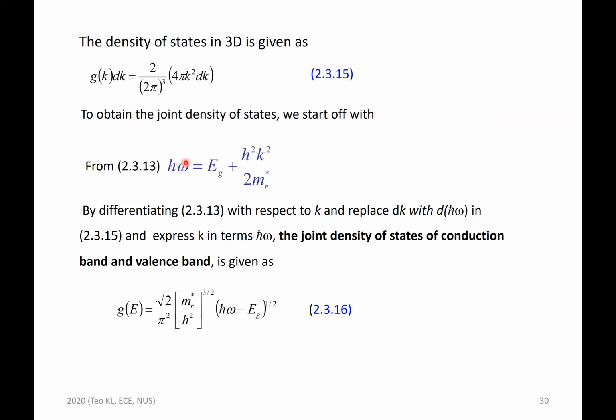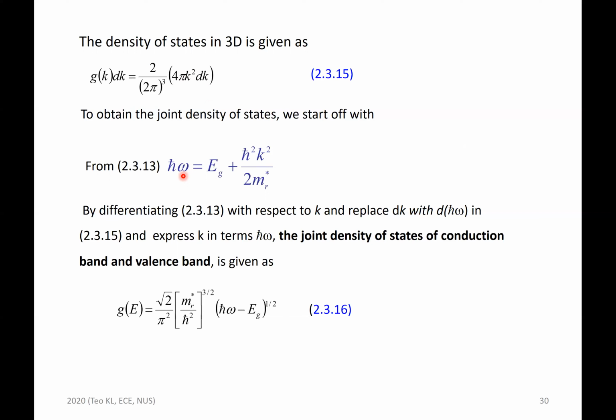So, how to convert the density of state as a function of K to the density of state as a function of energy? From here, you can differentiate the photon energy with respect to K. Then you substitute the K and dK, because you differentiate d(ħω)/dK.